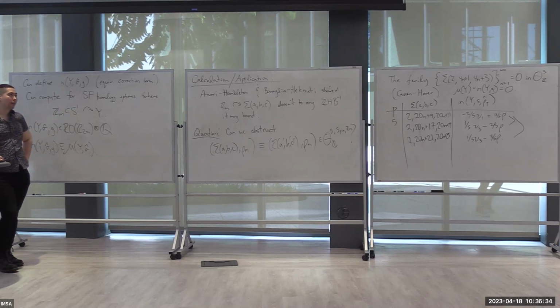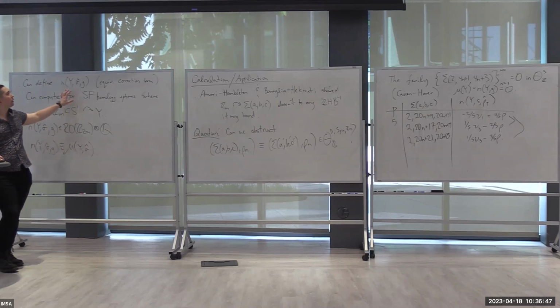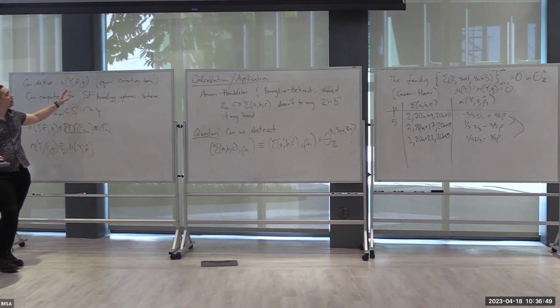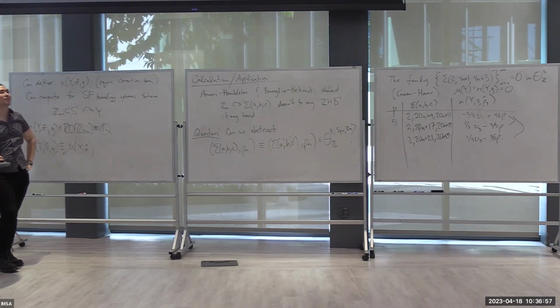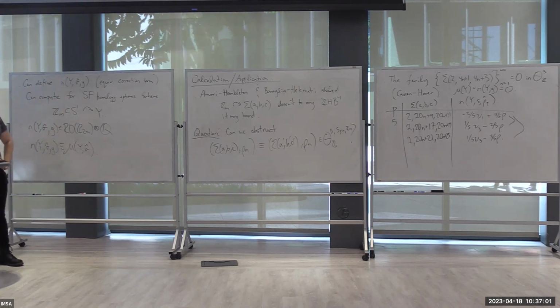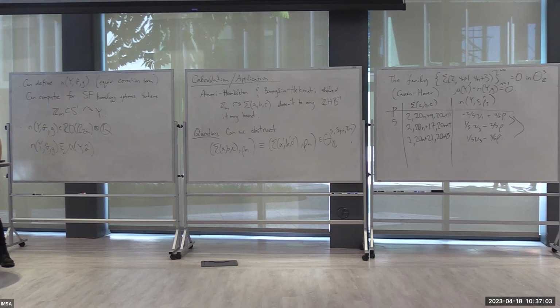Ideally, one should be able to define a Rog graded version of equivariant monopole Floer homology, such that this is the equivariant degree of the reducible in the Rog grading. Does that answer your question?